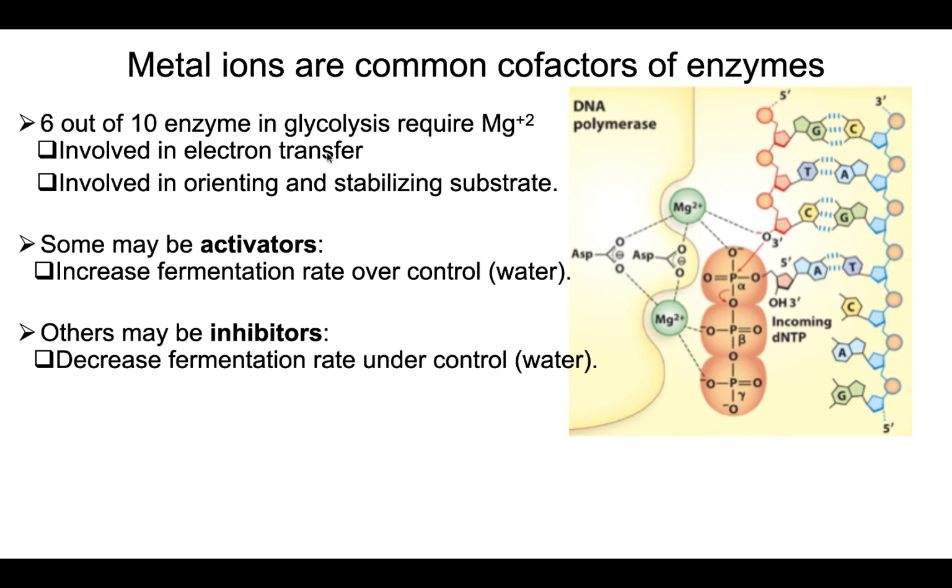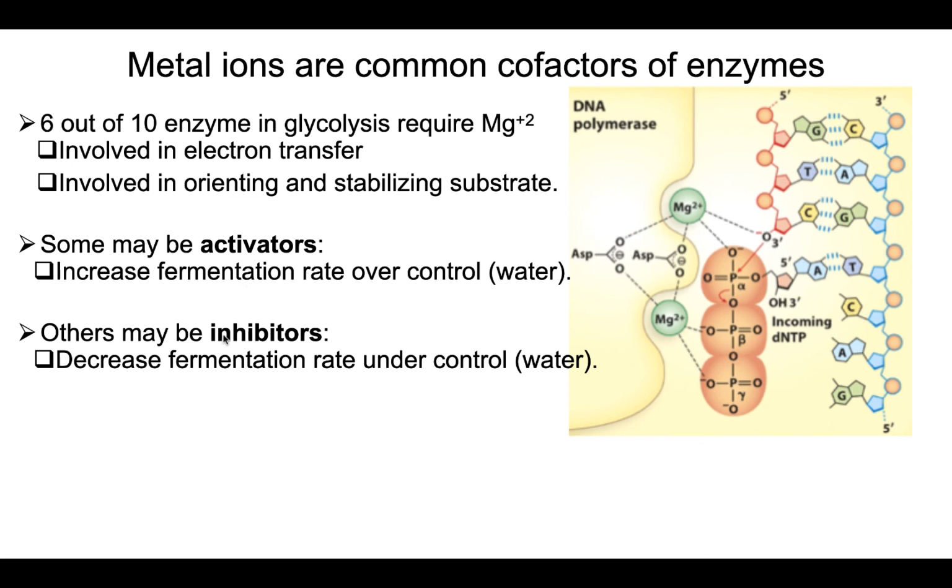They're involved in electron transfer, orienting, and stabilizing the substrate, which means that if we add more magnesium ions to a solution in which this enzyme is dissolved, we might be able to get that enzyme to work a little bit better, and therefore the metal ions would act as activators, if they increase the fermentation rate over the control, over glucose with just water added instead of any of the metal salts.